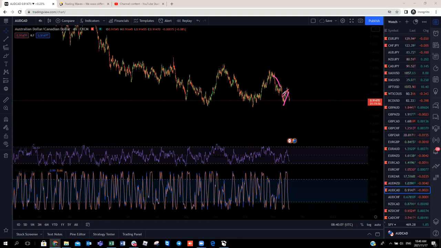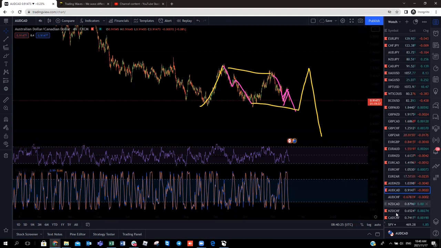So we're going to see this do that. We're going to update the structure when it is all done here. So what we could have here is that we've got this move, we've got this flat, and we get this one here pushing lower. So let's see how far we get with this move around these levels.